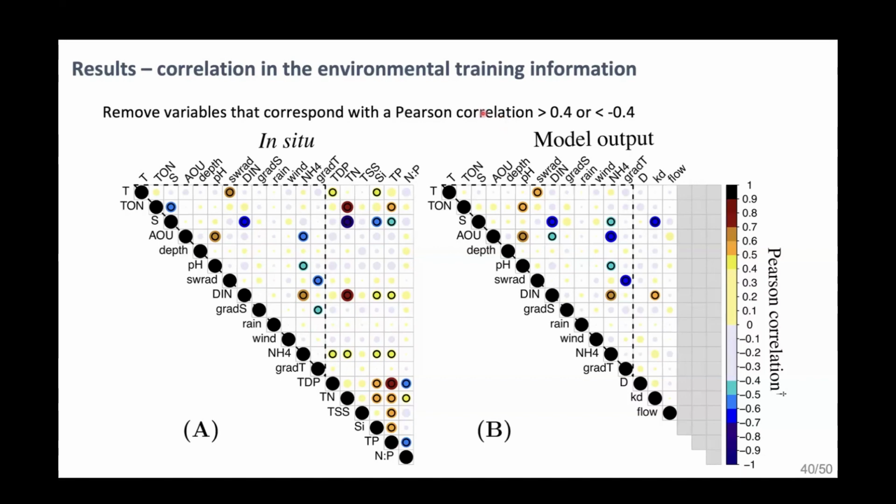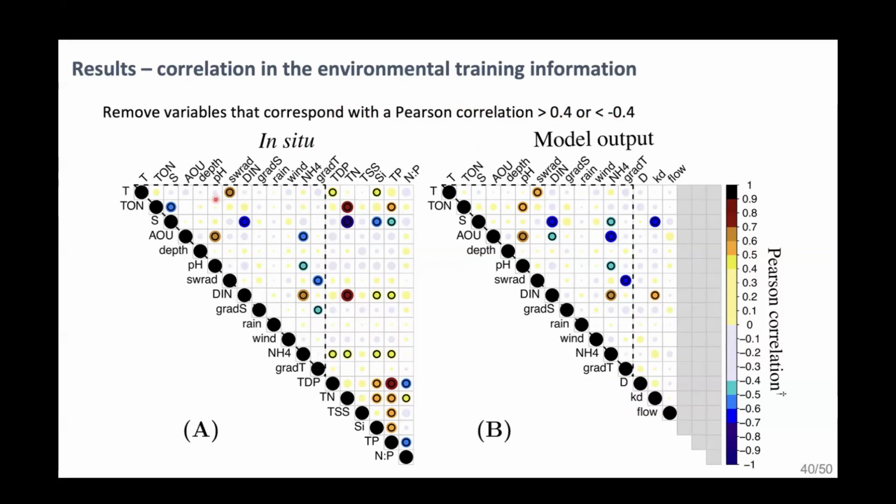We used a correlation threshold of 0.4. So when the Pearson correlation is above 0.4 or below -0.4, we remove one of the 2 variables. And when we remove one of the 2 variables, we have to pick one. So we remove the most complex one, which is typically the biogeochemical variable.